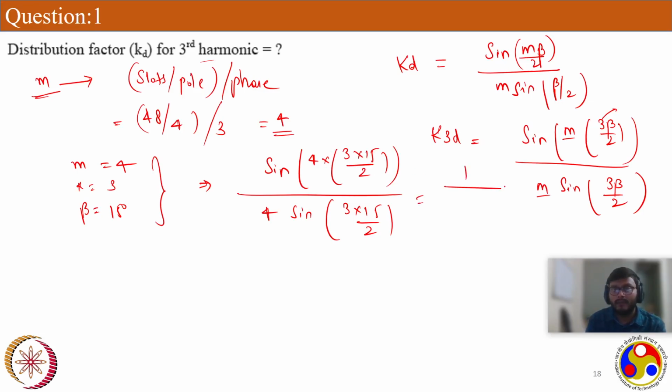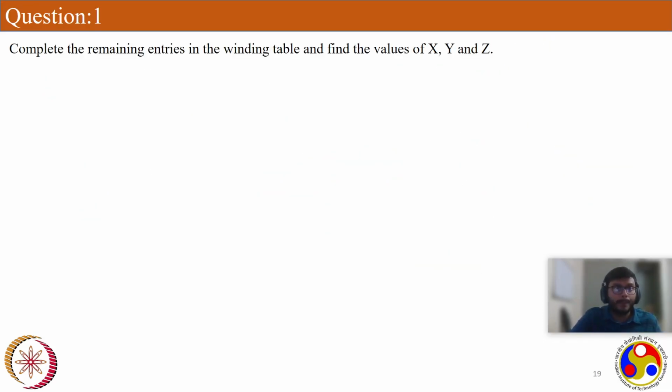Sine 90, 1 by 4 sine 45 by 2, 22.5. Can someone tell me what's the answer? 0.653. So this is the distribution factor for the third harmonic. So you also verify, it's a simple calculation and substitution only.